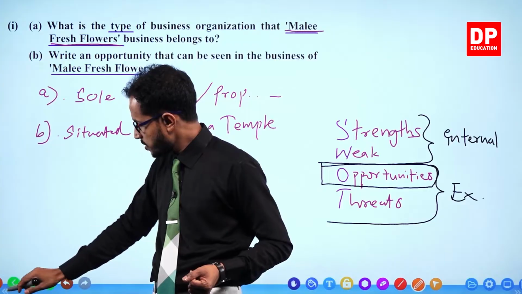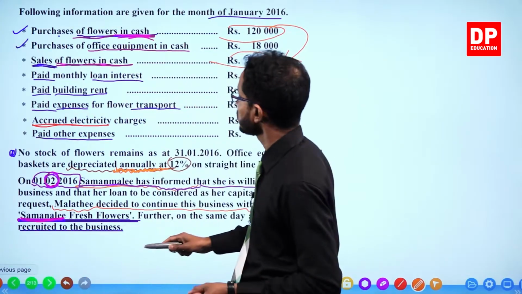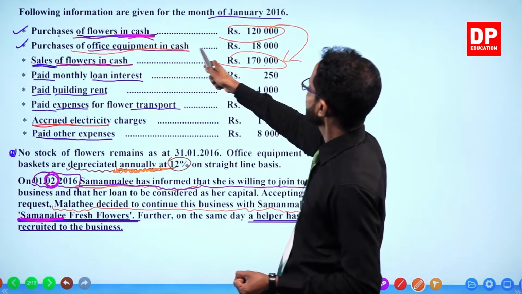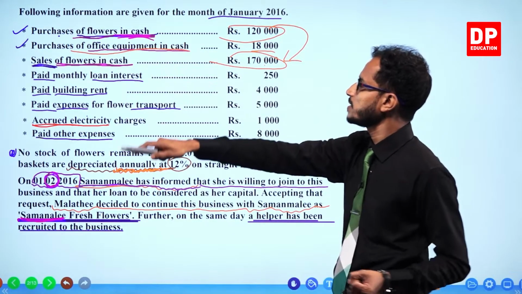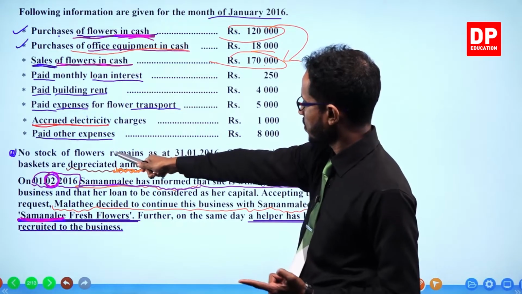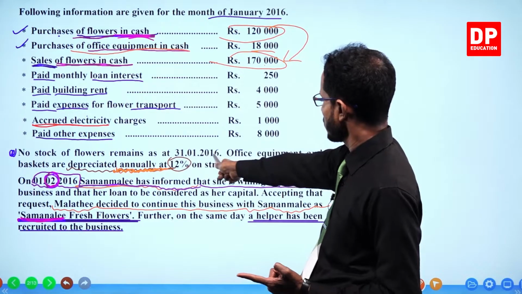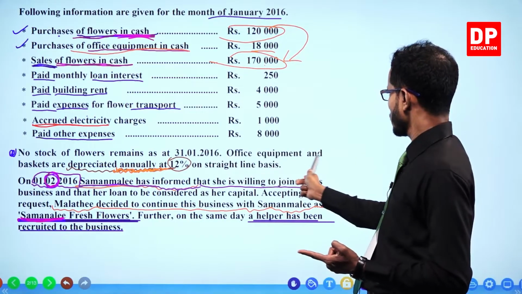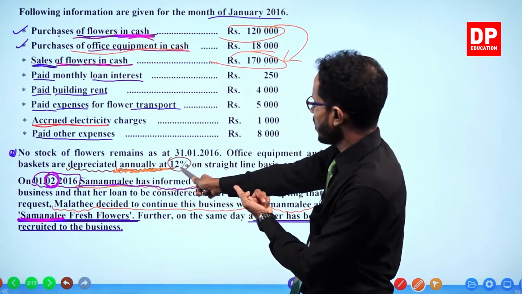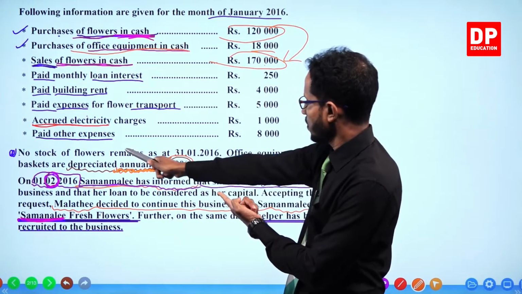How much office equipment was bought? Purchase of office equipment, 18,000, and depreciation is 12%.